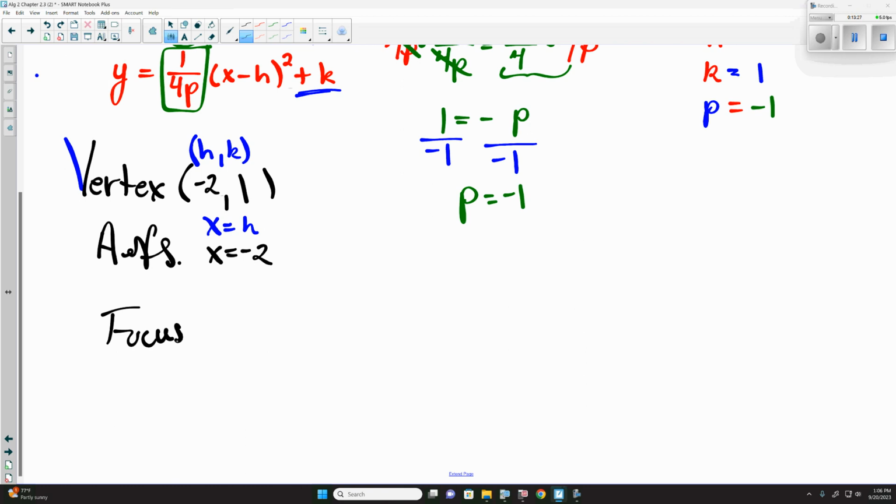Our focus is the point h comma k plus p. Well, our h value is -2. But we still need to figure out what k plus p is. So we have 1 plus -1, which is indeed 0.